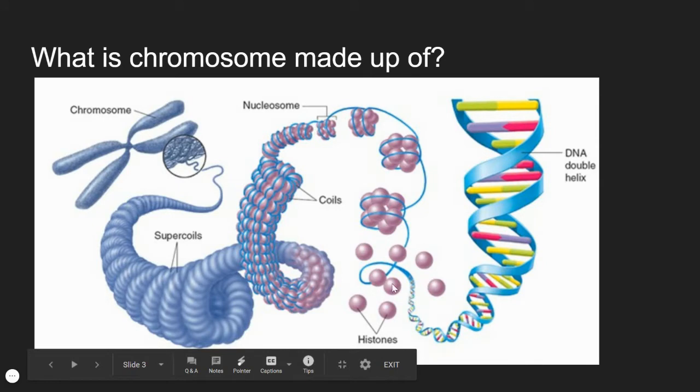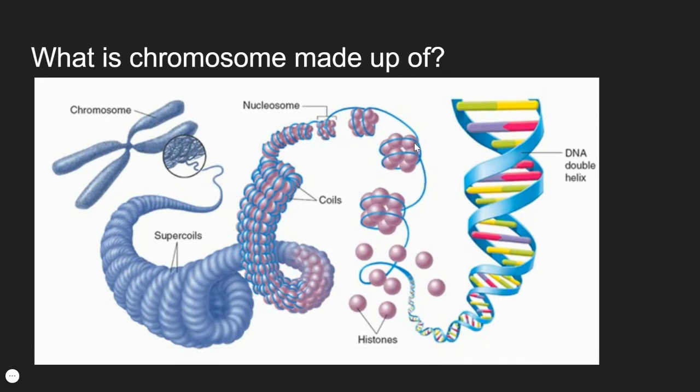The bead-like structures are made up of histone proteins around which the DNA has wrapped 2.5 times, or 2 1/4 times. When they wrap around these histone proteins, they form bead-like structures called nucleosomes. And when these bead-like structures wrap around themselves, they form even tighter coiled structures called chromatin.